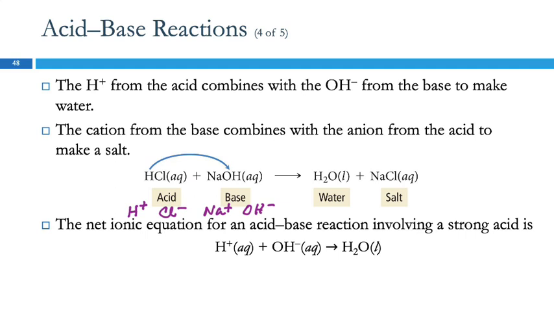And we can actually predict the products in the same way that we predicted precipitation reactions. Let's just try swapping the partners, right? So sodium and chloride together, hydrogen and hydroxide ion together. So sodium and chloride ions would make sodium chloride.